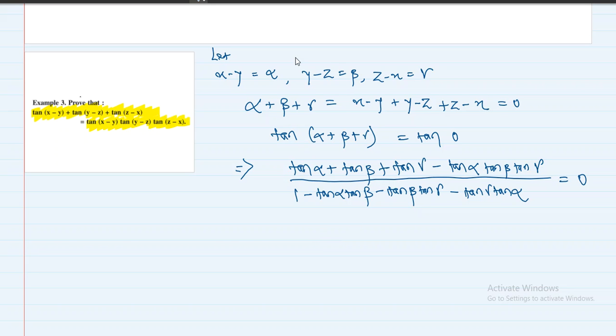So this denominator, we shift it to the right hand side and it becomes 0. 0 into anything is 0. So we have the solution in one step.